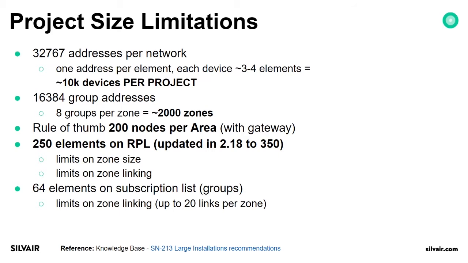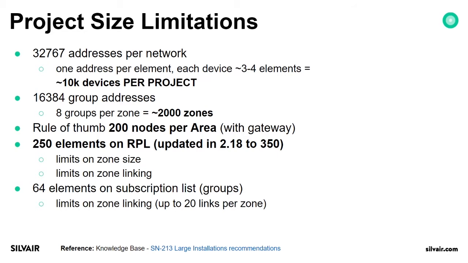Also, there are 16,000 group addresses. There can be only 8 groups per zone, which results in a maximum of 2,000 zones per project.